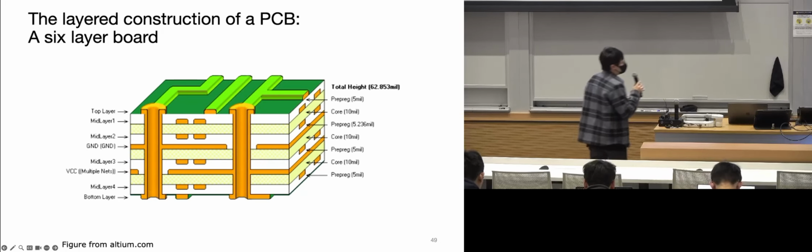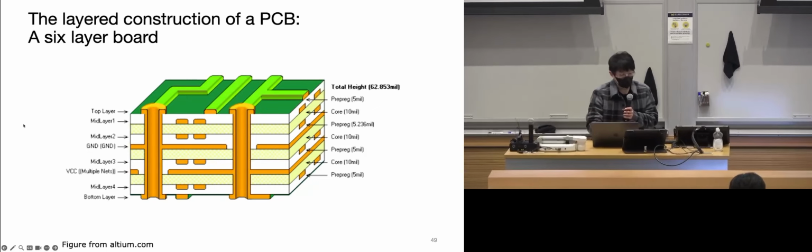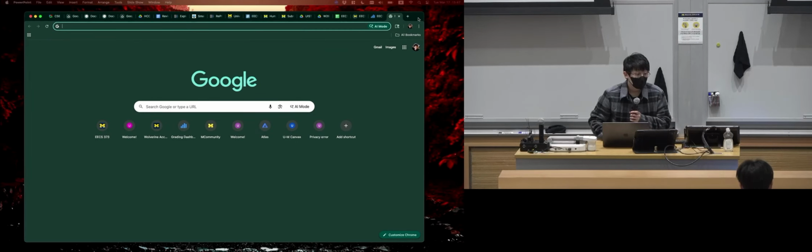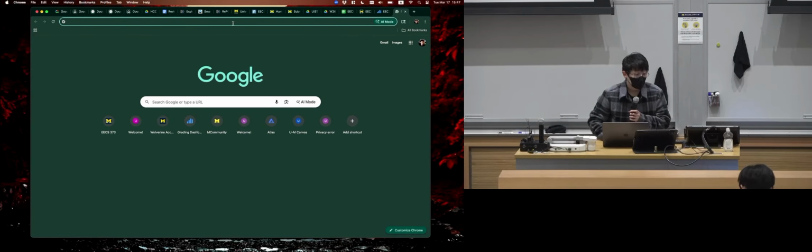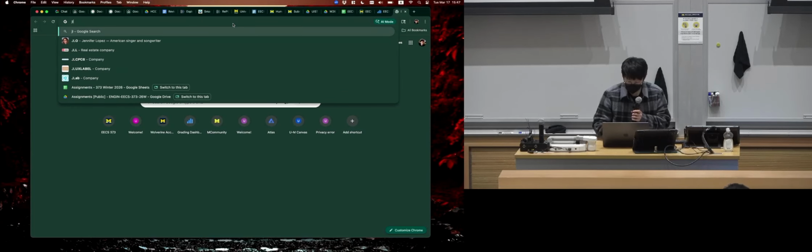Yes. So if you open, let's say, well, you pay for that, but yeah. If you open, say, a go-to, say JLC, I think that's the manufacturer we order PCBs from for the class.